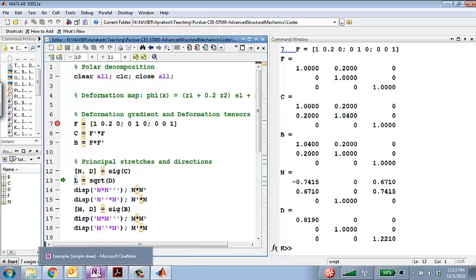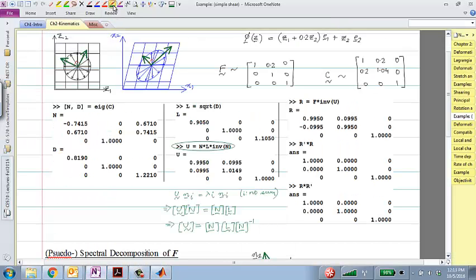So let me go back and mark those. It's the same deformation, same vectors here. This is n1, this is n2, this is n3. And from the previous page on the handout, you remember we said that these are the directions in the undeformed configuration, the directions that when the U tensor acts, it does not change those directions.